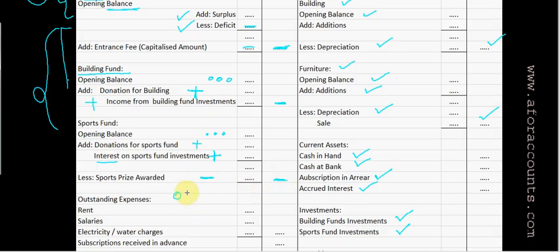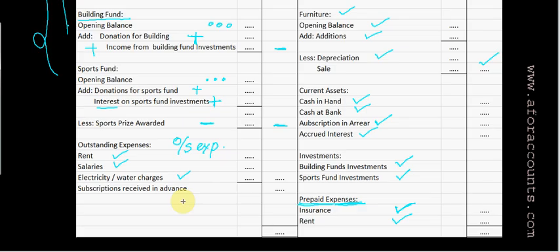Now your outstanding expenses are my liability because they are due and I have not paid them yet. So any outstanding rent, outstanding salary, outstanding electricity or water charges, these are all my outstanding expenses.